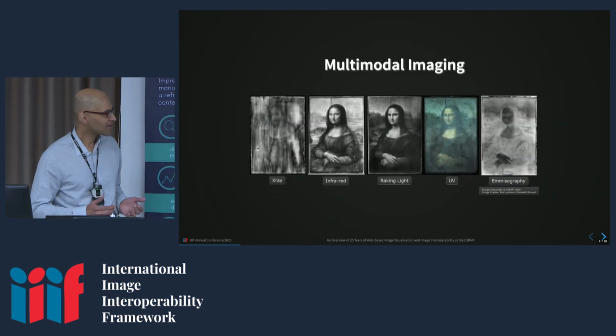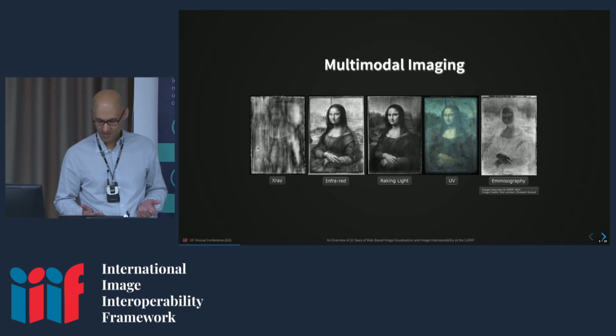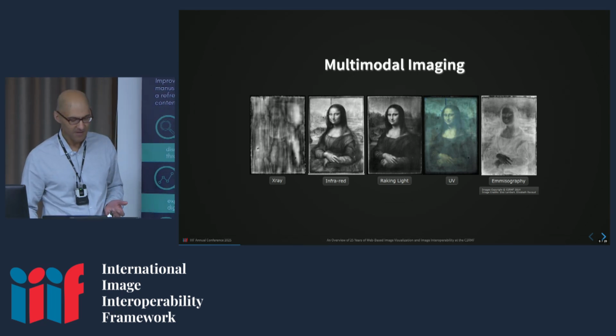So obviously one of the main techniques is imaging. So scientific imaging, technical imaging of paintings, of statues, has been something that all heritage science institutions have used for a long time.